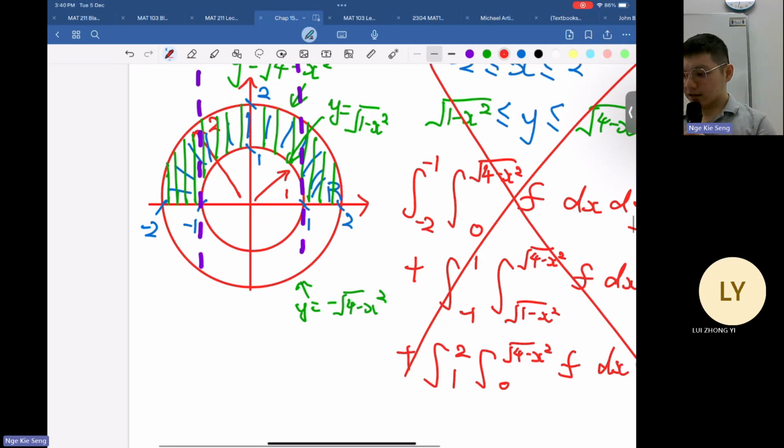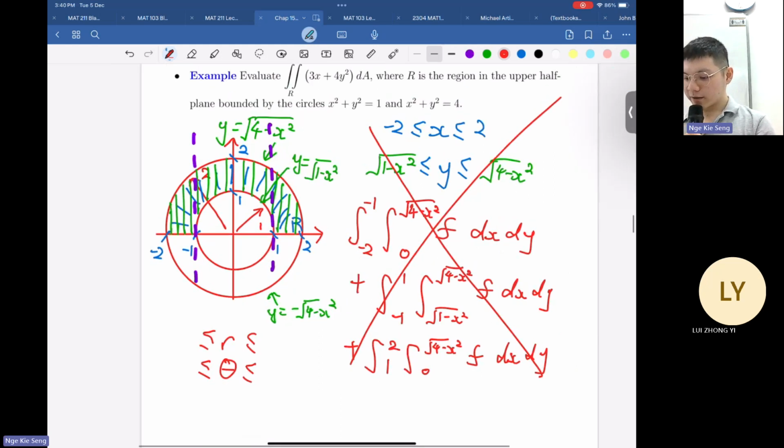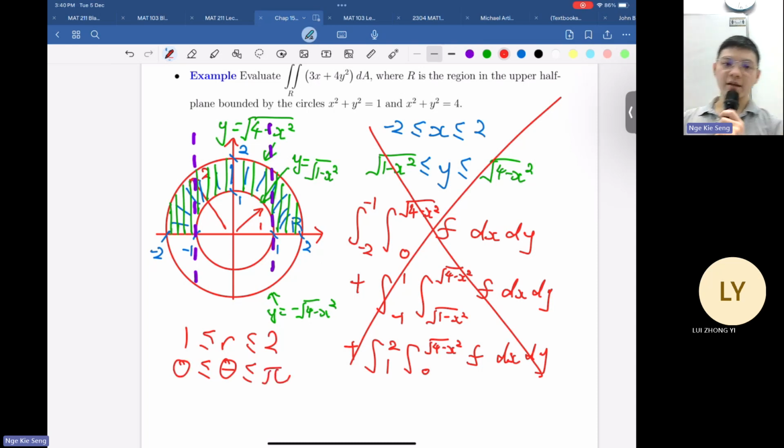Instead of x and y, we need to determine where is my r and where is my theta. My radius is going from where to where? R1 to R2, yes, correct. Where is my R1 here? 1. Where's my R2? 2. How about the angle, from where to where? Positive x-axis to negative x-axis, which is going from 0 to pi, just pi.